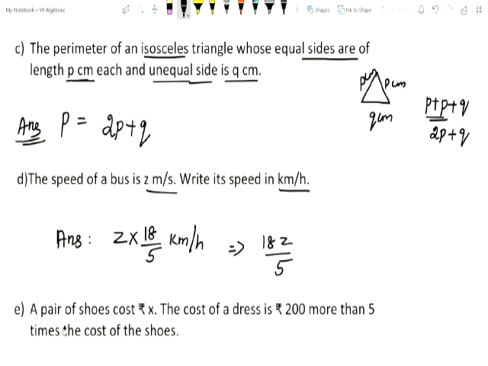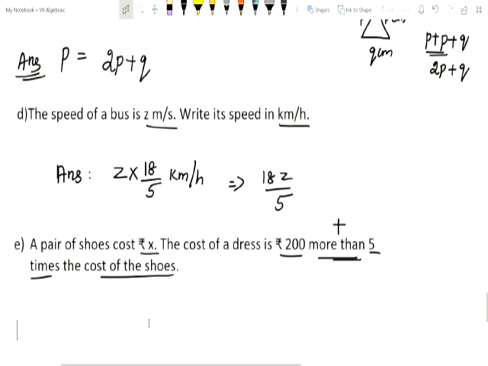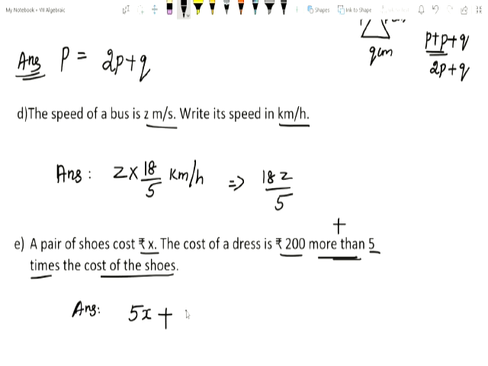Okay, see the next question. A pair of shoes costs rupees X. The cost of a dress is 200 more than 5 times the cost of the shoes.